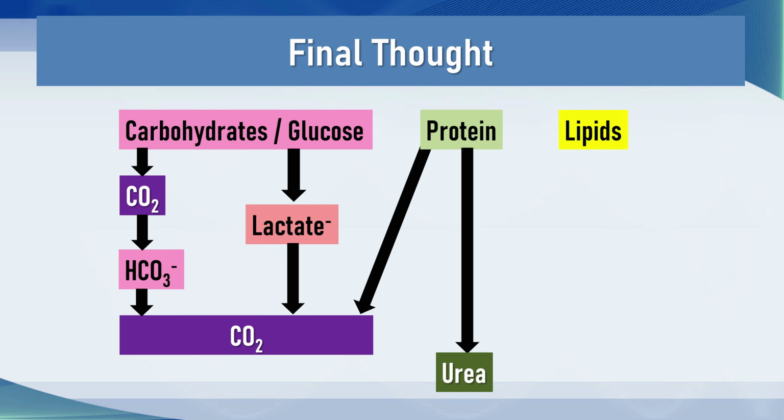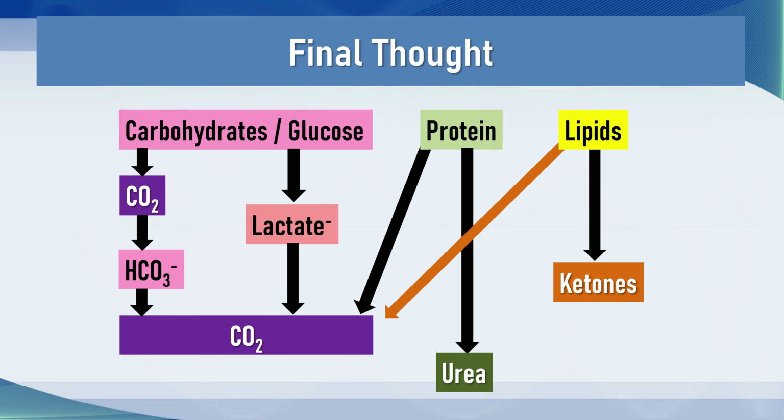We also feed patients lipids, and lipids are also broken down to carbon dioxide, but they also have a byproduct of metabolism known as ketones, and ketones accumulate in certain situations in the body, and they give us an idea of what's going on with fat metabolism and metabolic function, and so they're worth measuring.